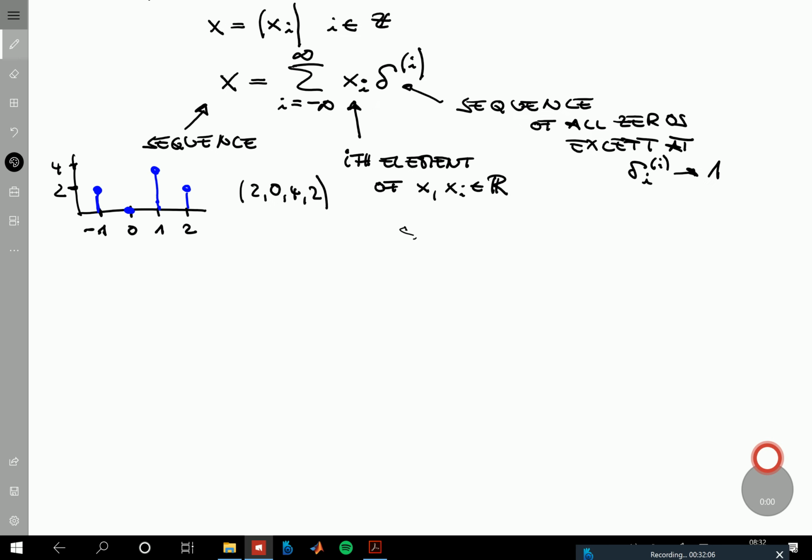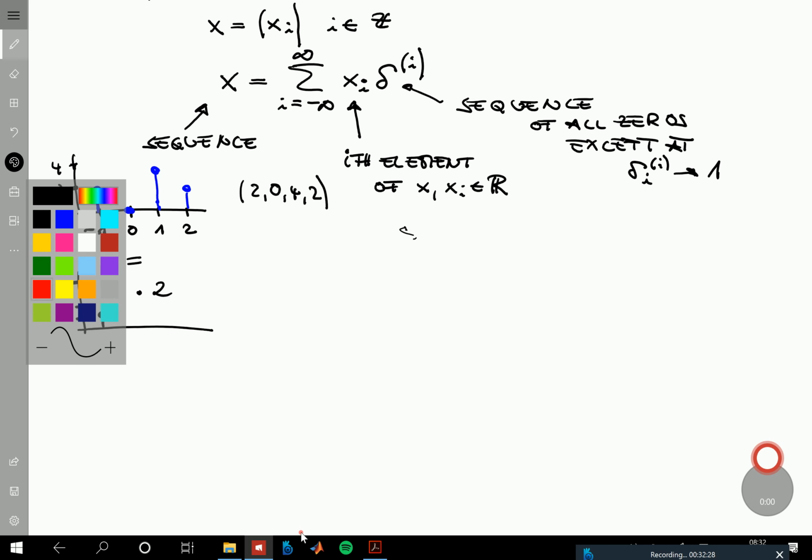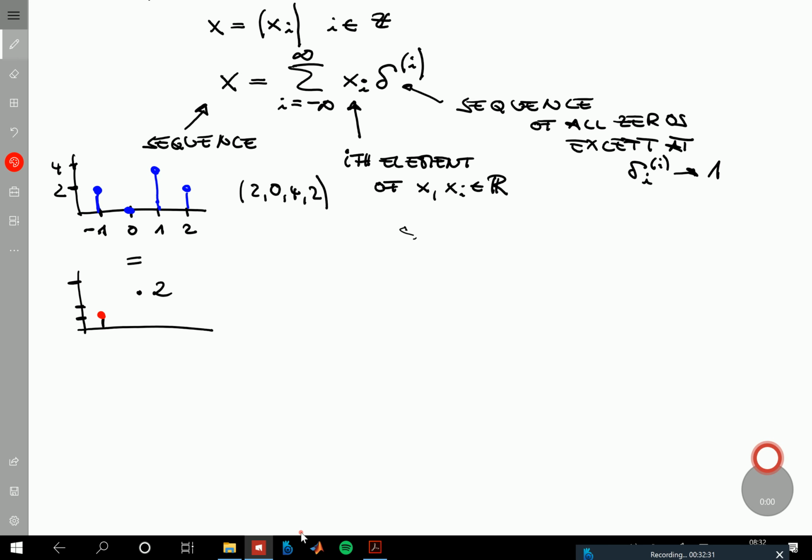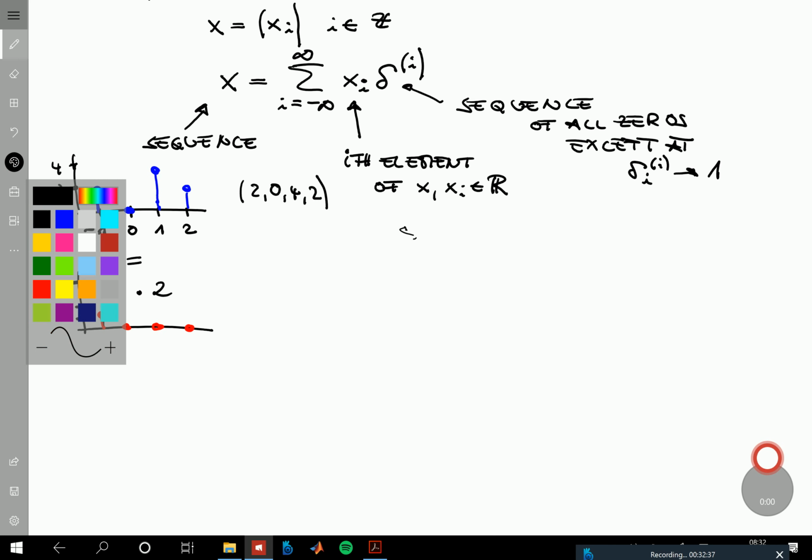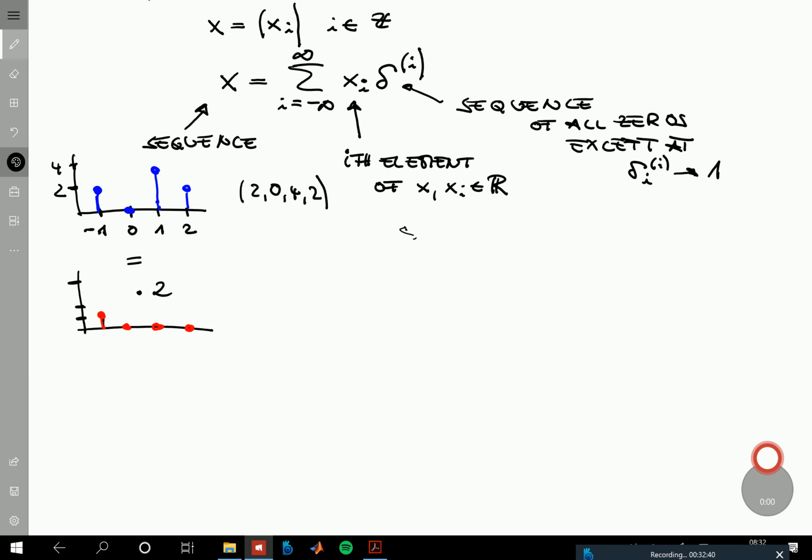Then this says that we can also express this as a unit sample sequence with a 1 at -1, and we multiply this by 2. It has zeros everywhere else. And plus, let's just write them up first.